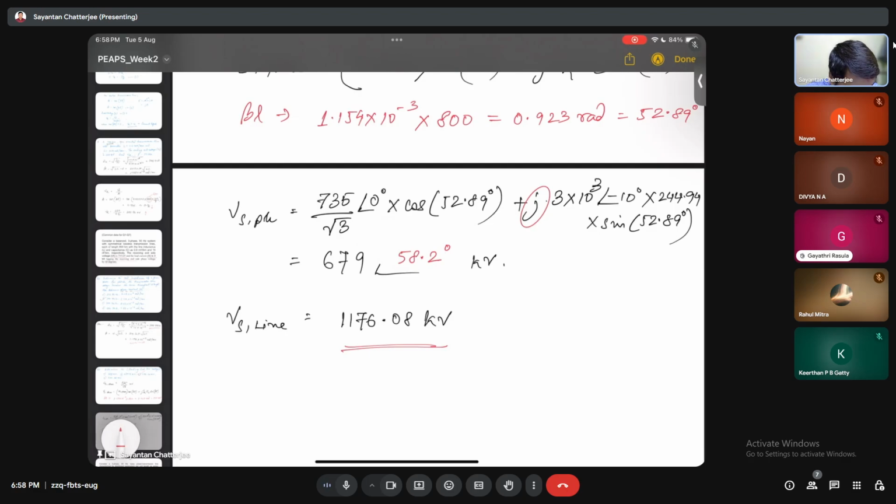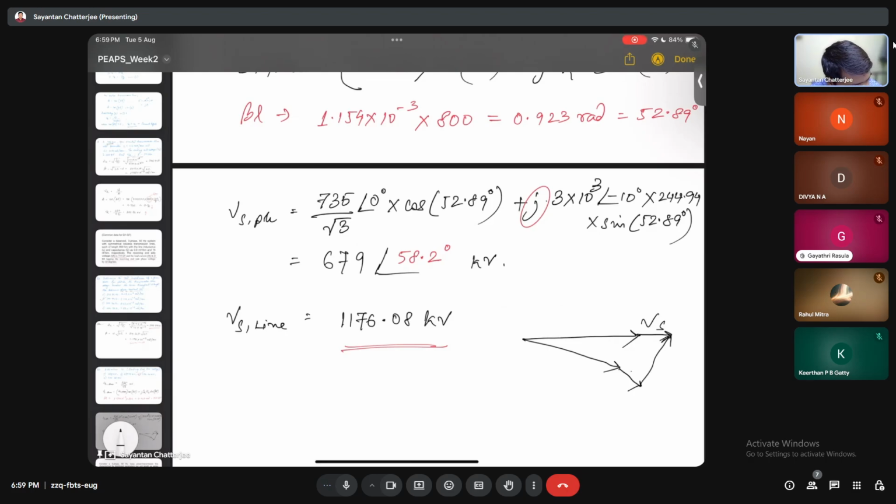It will be positive 58.2 from the sending side to receiving side. From the phasor also you can observe. Generally Vs, this is Vr, and after that some current is flowing. So in that case some lagging current, and considering this to be higher, it will be like this, let's say.